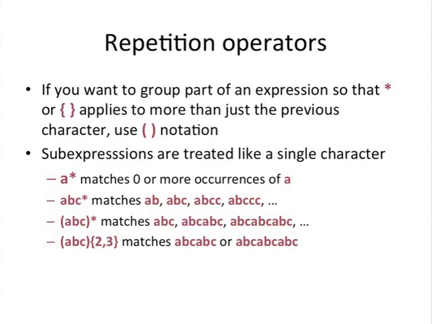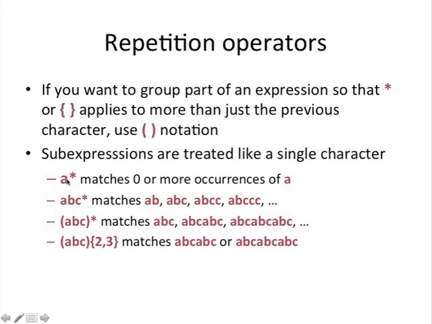Also, when we're dealing with the star or the asterisk, usually we saw the example where it refers to a single character, but we can refer it to an expression.